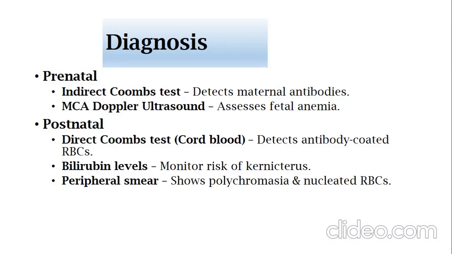About the diagnosis, you have a prenatal diagnosis and a postnatal diagnosis. With the indirect Coombs test, you can detect the maternal antibodies by typing the blood type and antibody screening.